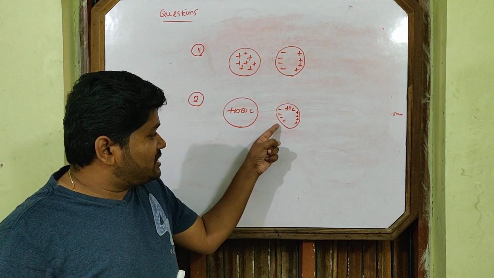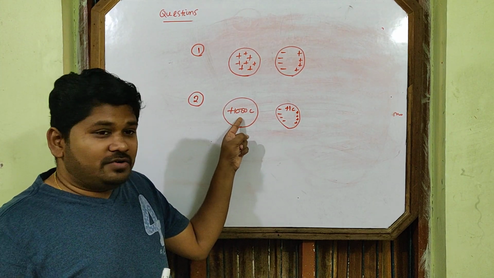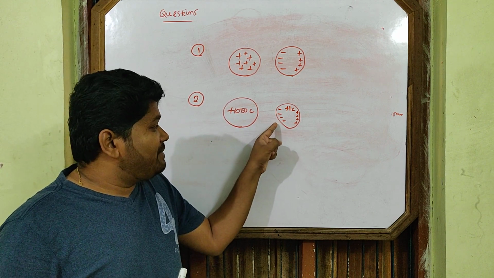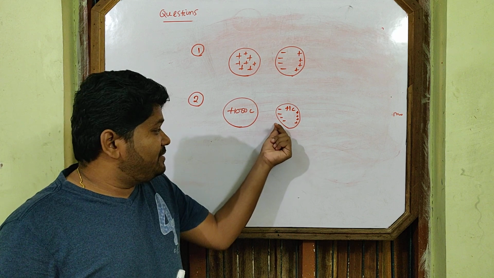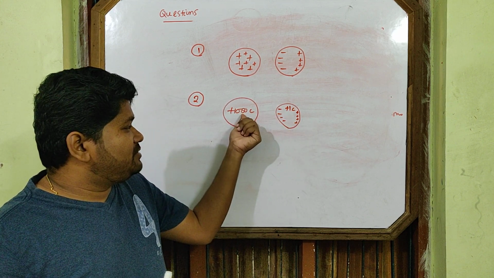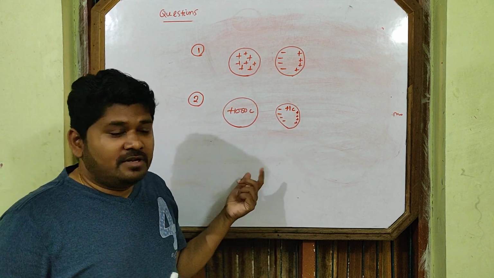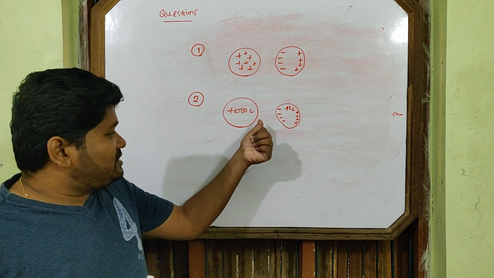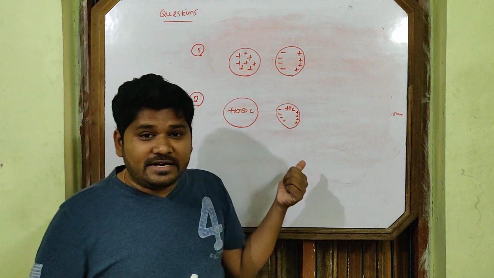I told you the induced charge is always less than or equal to the inducing charge. It may even be minus 50 coulomb. Then the repulsion between plus 1 coulomb and 1000 coulomb is neglected.